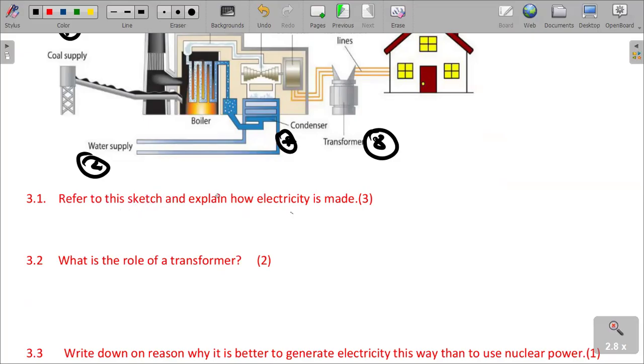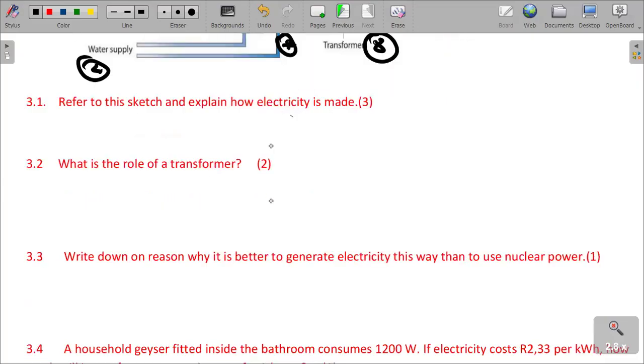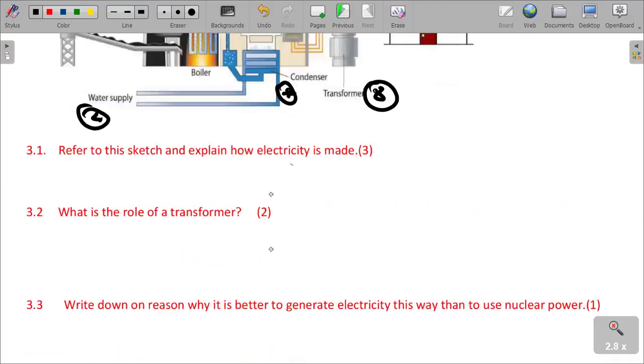Refer to the sketch and explain how electricity is made. So we need to understand that the core is used to heat water to form steam, and then the steam turns turbines in the generator, and therefore the turbines generate electricity.